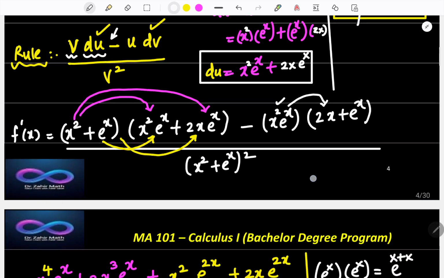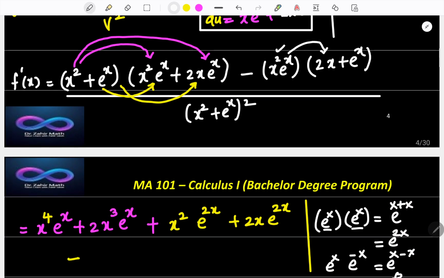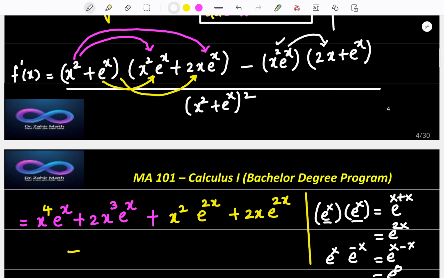Okay, right. So when I multiply this one, it will be x square into 2x, minus 2x cube e power x. Okay, right. And then after that, this multiply by this. So it will be again plus of minus is minus because there is a minus here. So it is minus x square e power x is e power 2x.